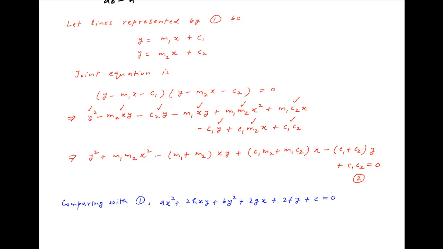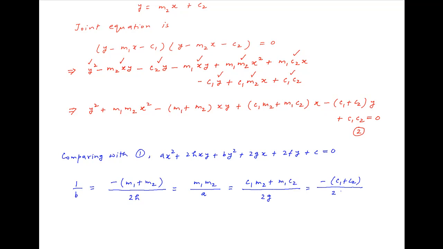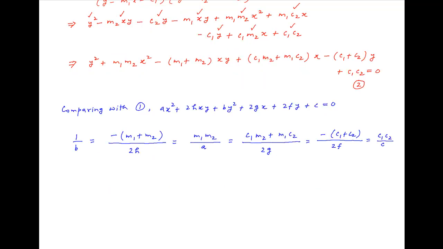Therefore, comparing the coefficients of like terms in equations 1 and 2, we have the ratio of coefficients of y², which is 1 upon b, equal to the ratio of the coefficients of xy, that is -(m1 + m2) upon 2h, equal to the ratio of the coefficients of x², that is m1m2 upon a, equal to the ratio of coefficients of x, that is (c1m2 + m1c2) upon 2g, equal to the ratio of the coefficients of y, that is -(c1 + c2) upon 2f, equal to the ratio of the constant terms, that is c1c2 upon c.